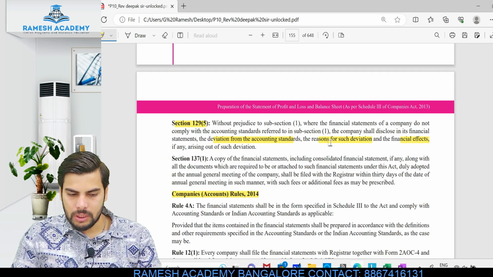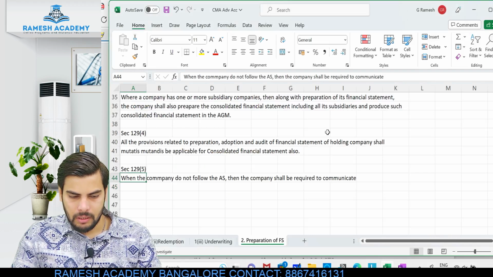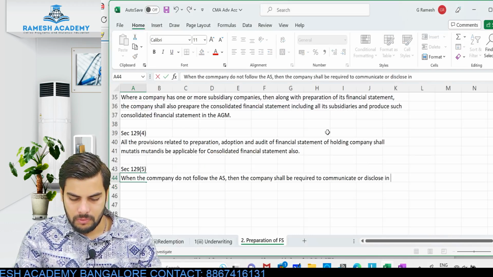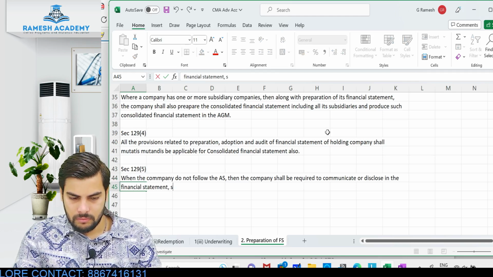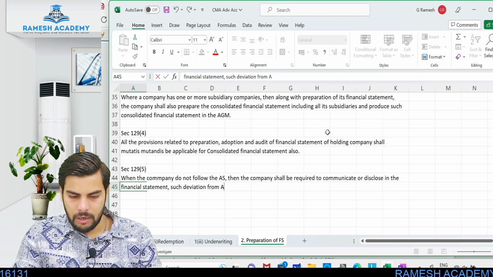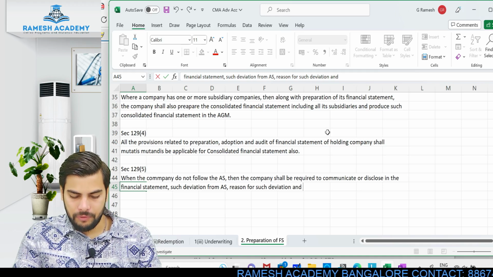The company shall disclose in its financial statement the deviation from the accounting standard. So the company shall communicate or disclose in the financial statement such deviation from accounting standard, reason for such deviation, and financial effect.